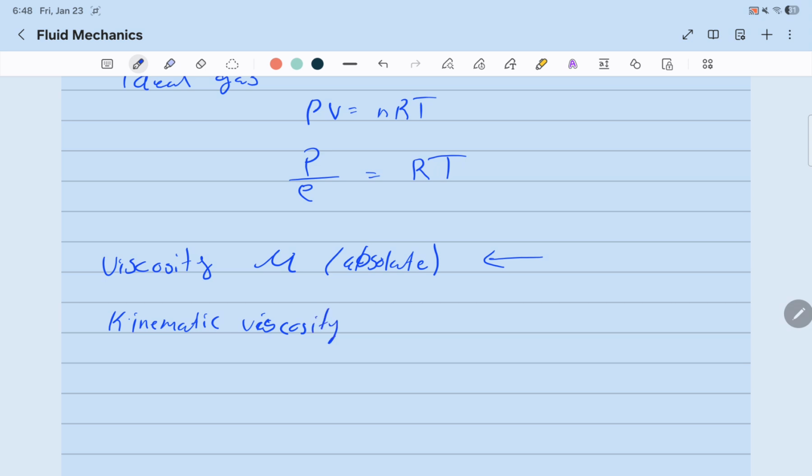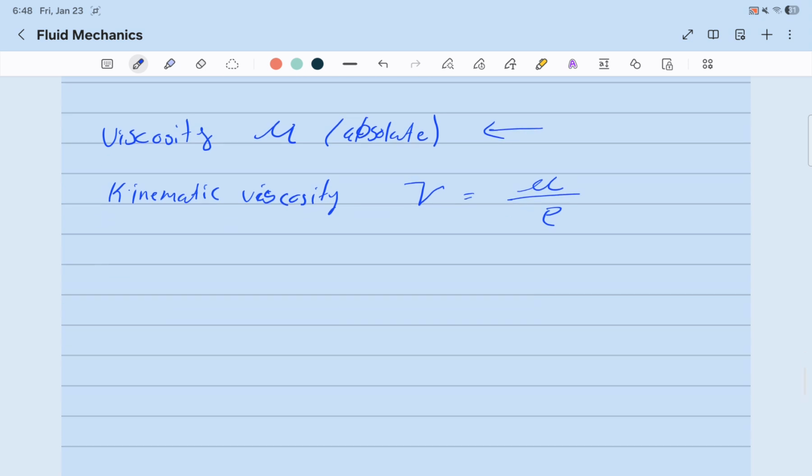Okay, so the kinematic viscosity, this is the equation for it. It equals the absolute viscosity mu over density. This ratio will be used later on in the course, whereas the absolute viscosity mu, we'll use this equation to find it, which is shear stress equals viscosity times the velocity gradient, du dy.